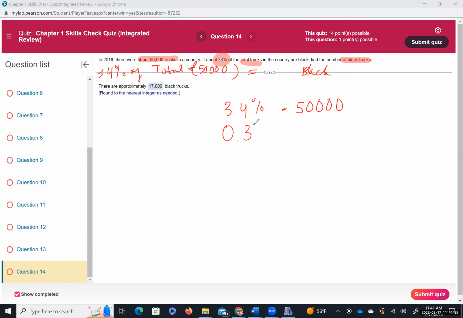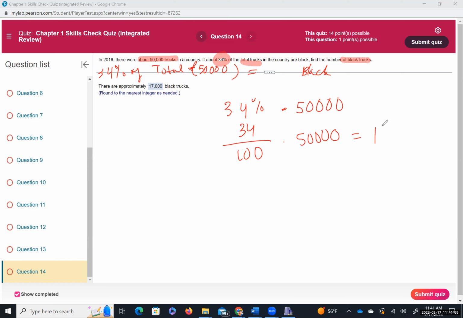You can do 34 divided by 100, multiplied by 50,000, because here they're asking you to find the number. You have to change the percent into a decimal number and then multiply by 50,000.